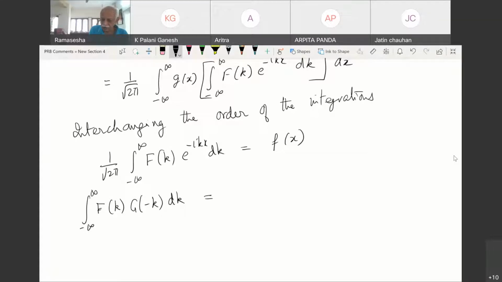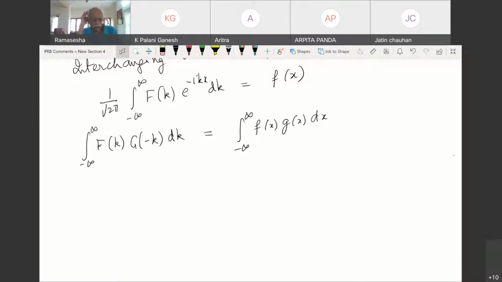So I have proved one: the integral of the product of the two functions f of k and g of minus k is equal to the integral of the product of the two functions in real space.